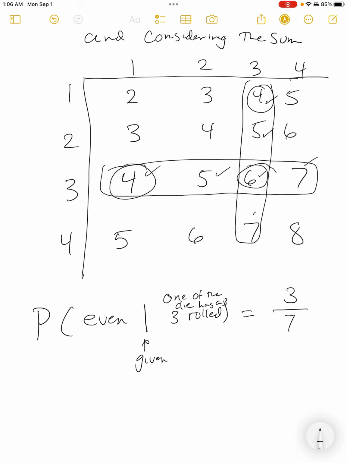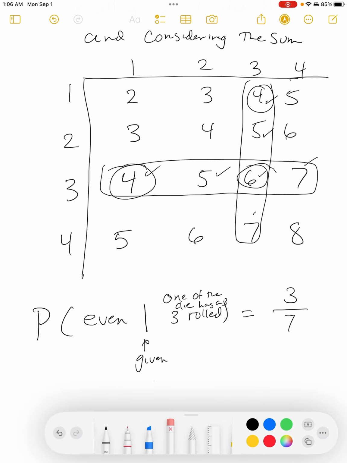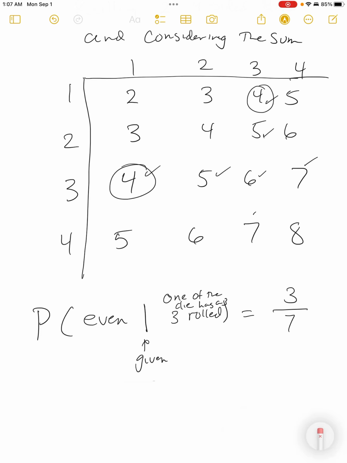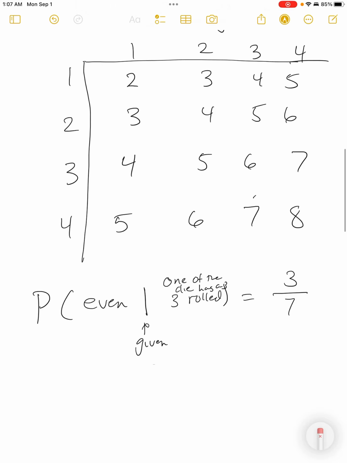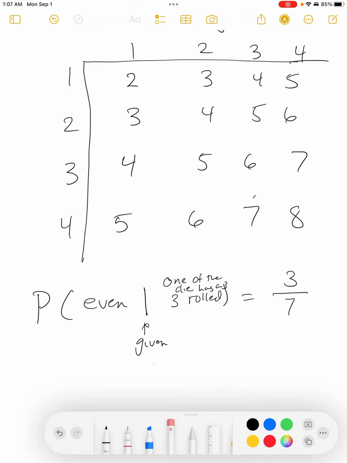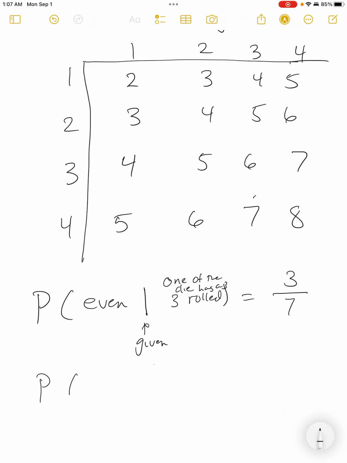So pretty interesting in there. They'll play around with this type of chart and ask us to do different things. So they could say something like, hey, what's the probability that it's even given that it's greater than 7?